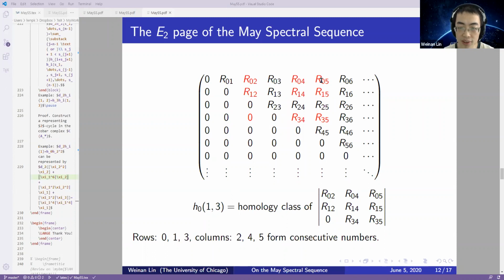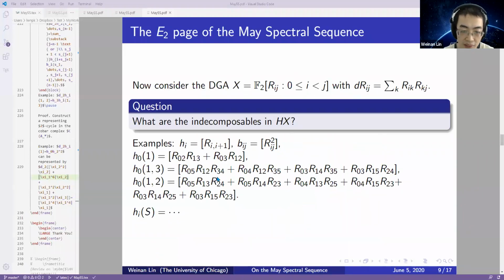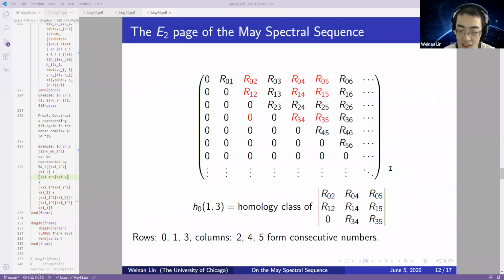It's getting more interesting now: the rows are 0, 1, 3, and the columns are the second column, fourth column, fifth column, and there's a 0 here. And that explains why h_{013} has fewer summands, because there's a 0 in the determinant, so it has fewer summands.